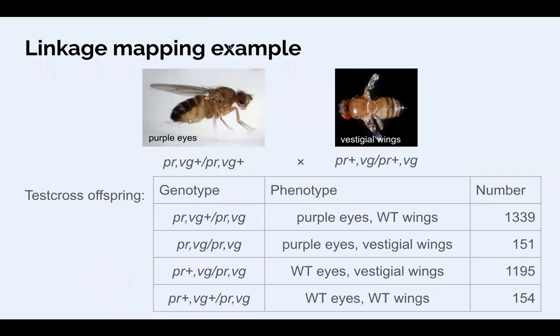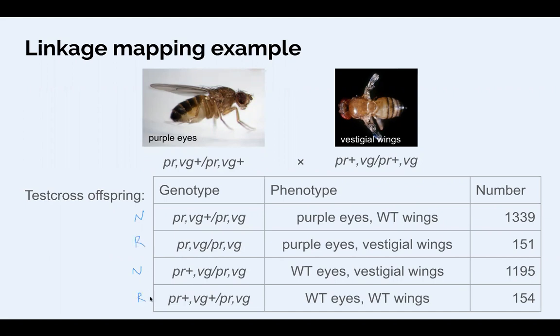Okay, so let's say we have this as our result. We crossed the F1 fly by the homozygous recessive. All these genotypes have one of the chromosomes that's all recessive. And then these are the possibilities. We've already determined that this kind is non-recombinant, this kind is non-recombinant, and these two are recombinant.